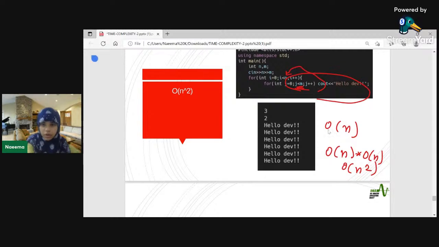So ultimately, it's going to be big O of n multiplied by m. 3 into 2 in this case. So it's going to be printed 6 times. So if n was equal to m, it would be big O of n squared.